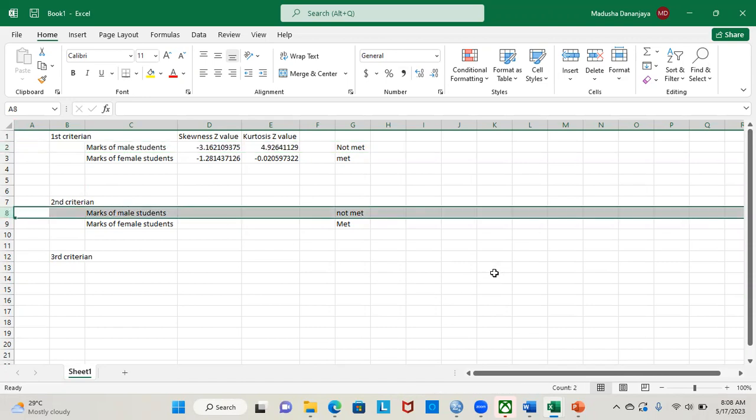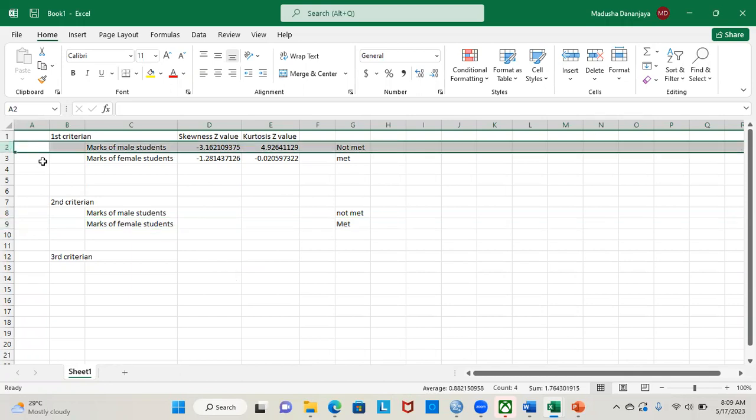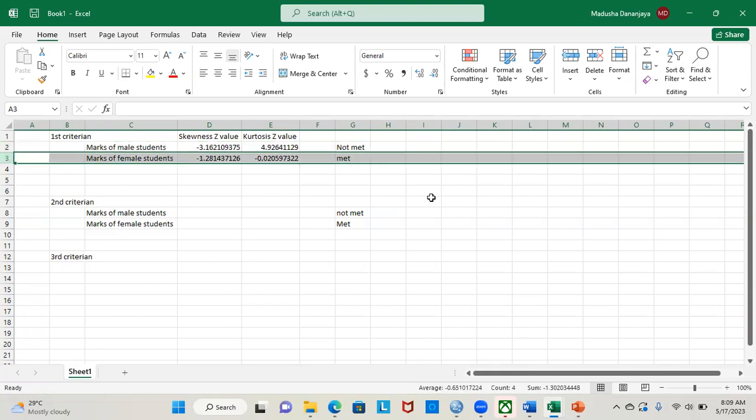So we can come to a conclusion that the marks of male students, that distribution is not approximately normally distributed, but the marks for female students should be an approximately normally distributed curve. For male students, normality is not there, but for female students, normality is there. That should be the conclusion.